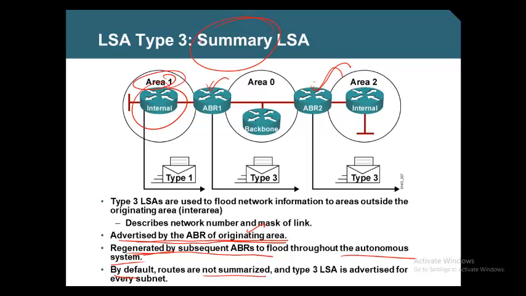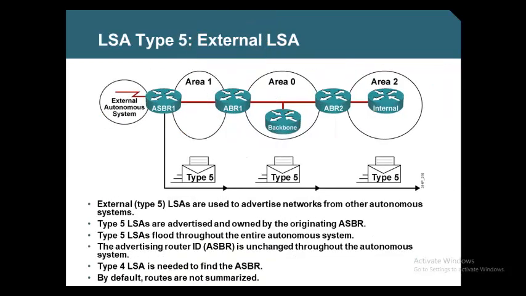Type 5 is called the External Autonomous System LSA. From where does it originate? It originates from the redistribution point itself.